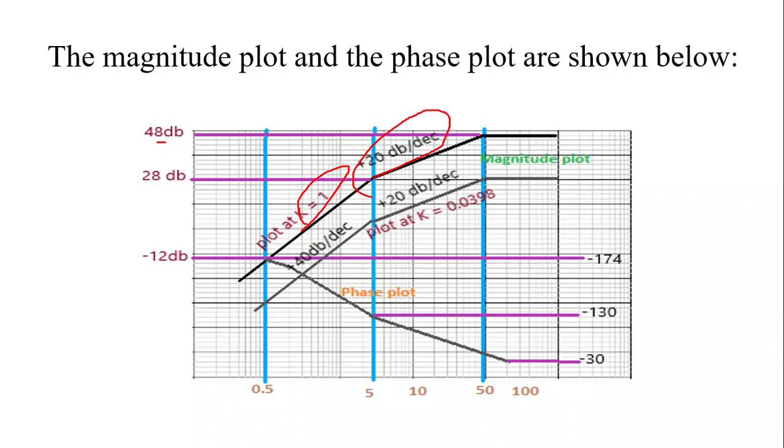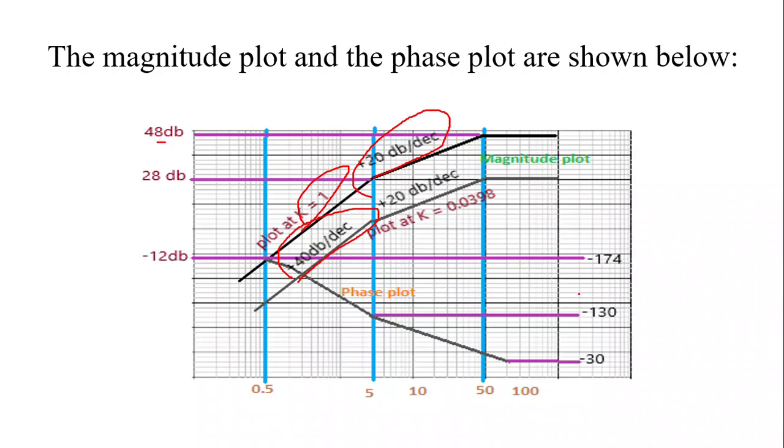And if we go in the downward direction, it can be represented as -40 dB per decade. It is obtained at the slope of -12 dB.